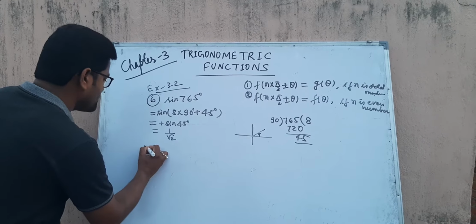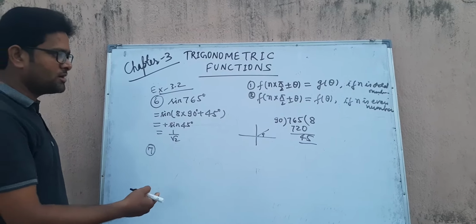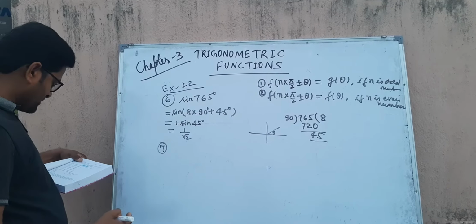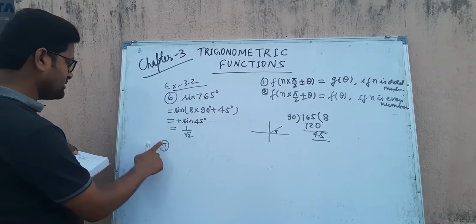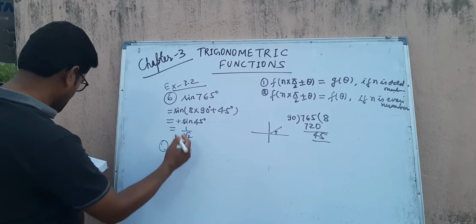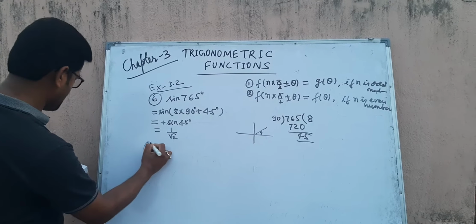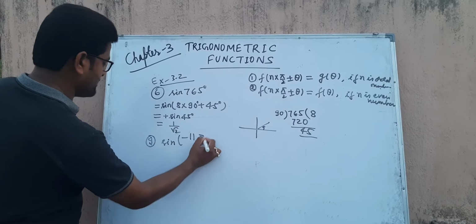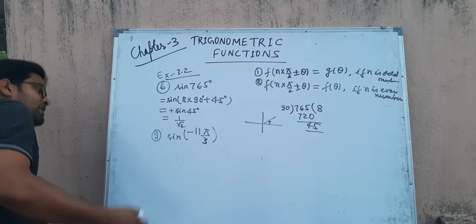Now let us see another question based upon radian measure. You can see question number 7. No, you can see another question, question number 9. See everyone, question number 9, sine minus 11 pi by 3.